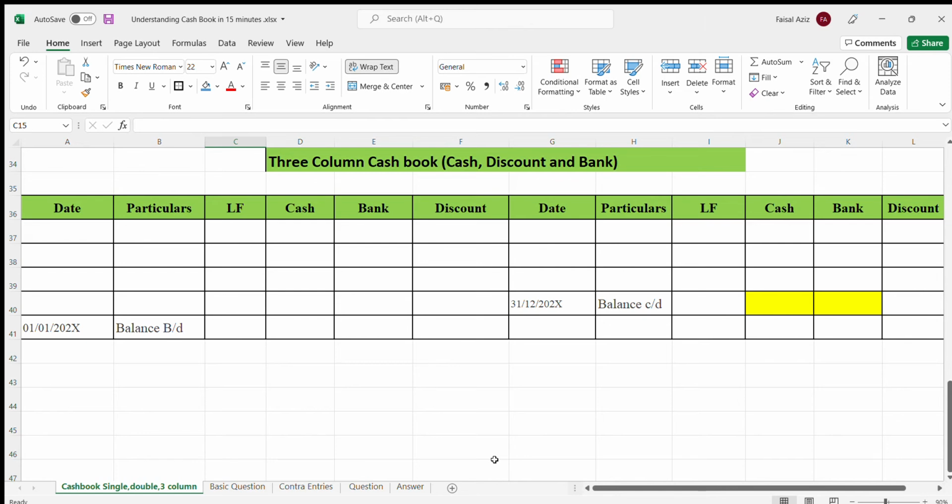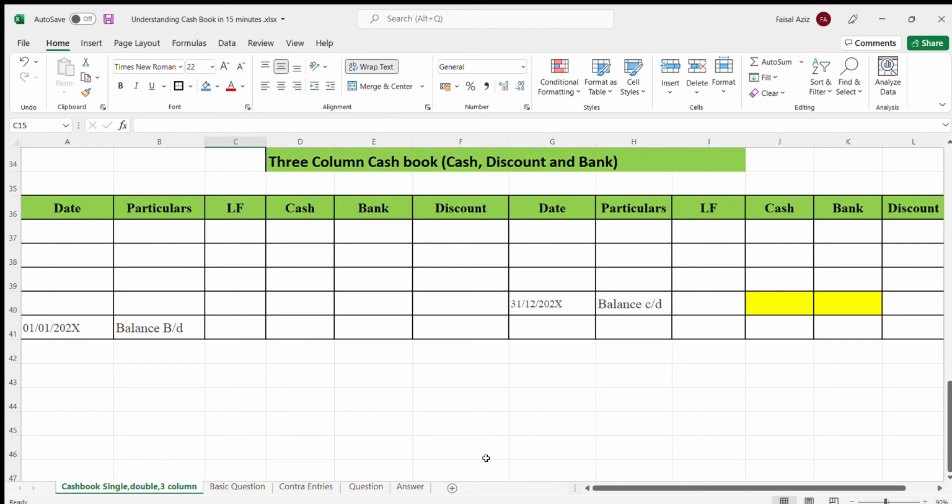Viewers, businesses mostly use this form of cash book. This book is generally maintained by large firms that do transactions in cash as well as through the bank and frequently allow and receive cash discounts.